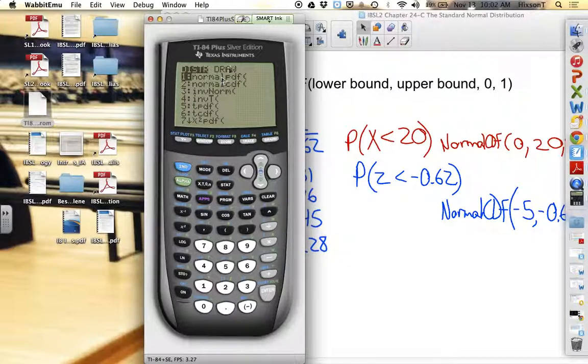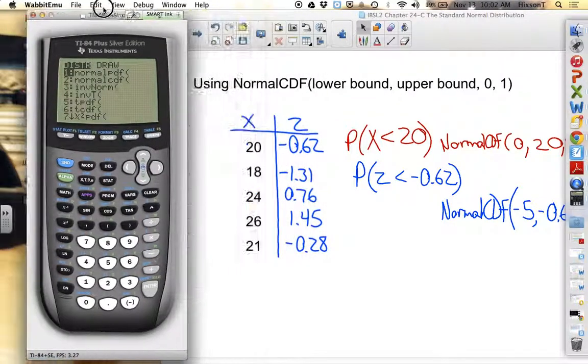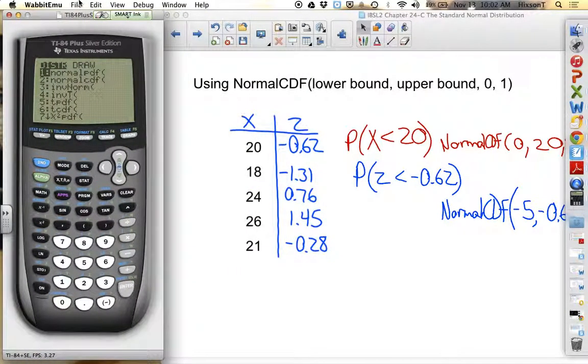The very first one there is normal PDF. Remember, that's what we use to graph these, so we don't want that one. The second one, normal CDF. So what we're going to use, and we type in a negative 5, a negative 0.62, and then 0 and 1.